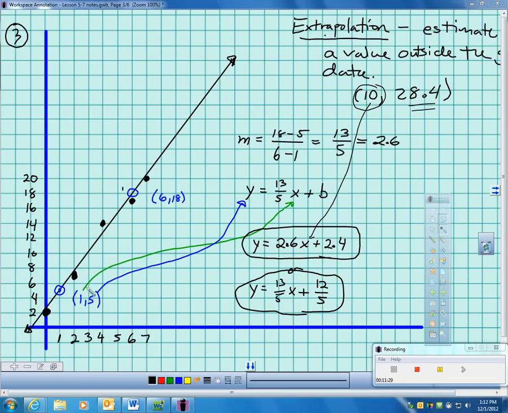So interpolation is estimating a point inside the data. Extrapolation is estimating a point outside the data. Okay? And one more time, when you do the process of plotting a scatter plot, drawing a line of best fit, and writing an equation to represent that line of best fit, that whole process is called linear regression.